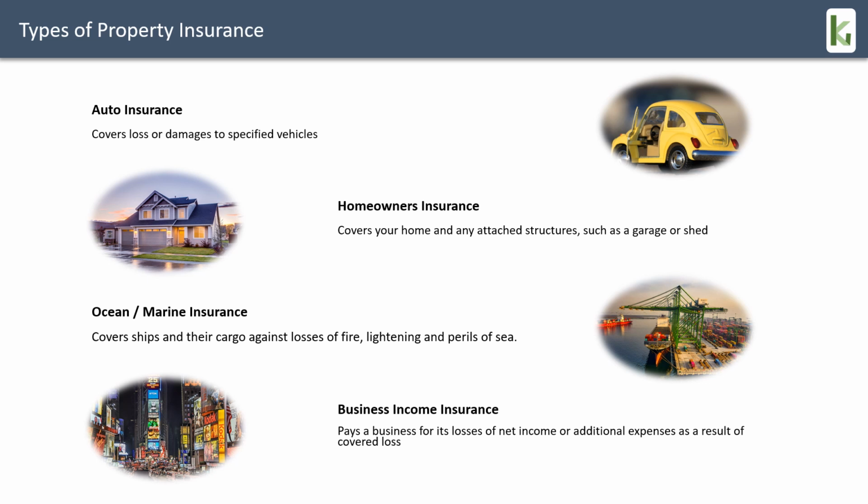There are other types of property insurance as well, like crime insurance, right? So basically, property insurance is provided to cover the losses for your own property or business. Now that we understand what is property insurance, let's talk about casualty insurance.